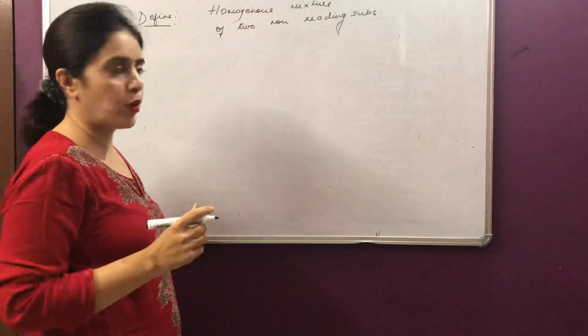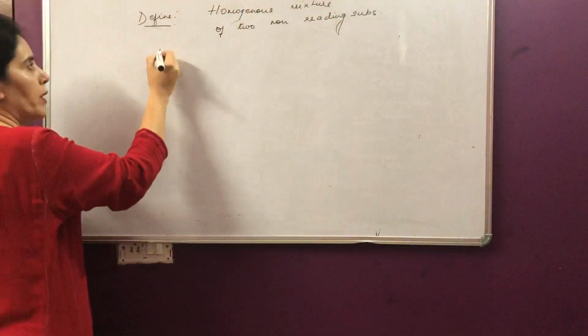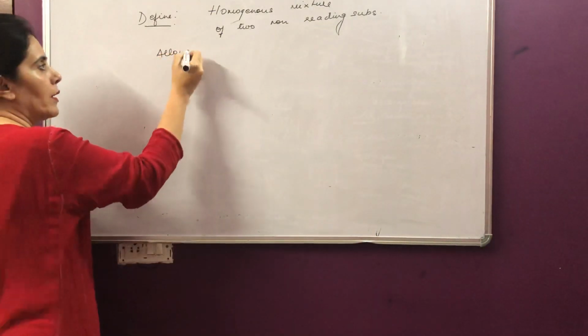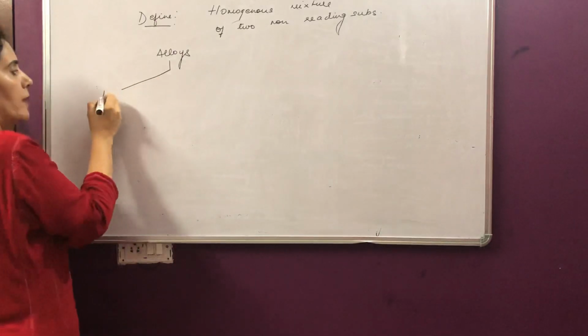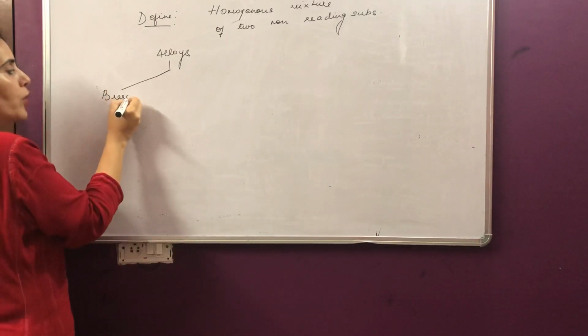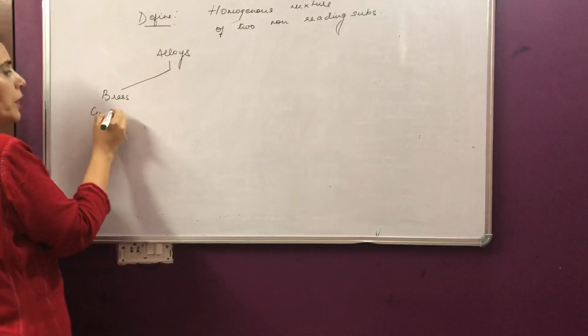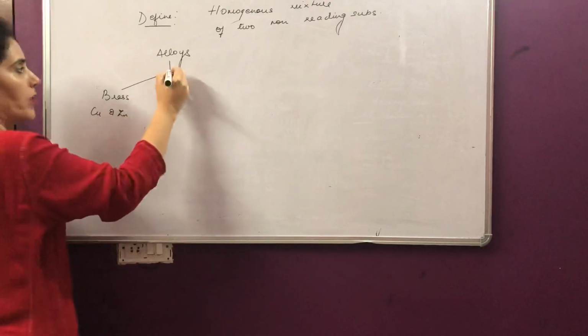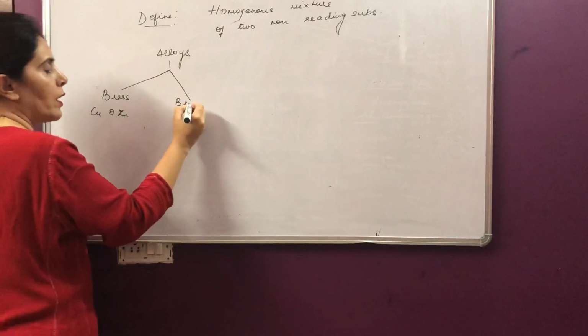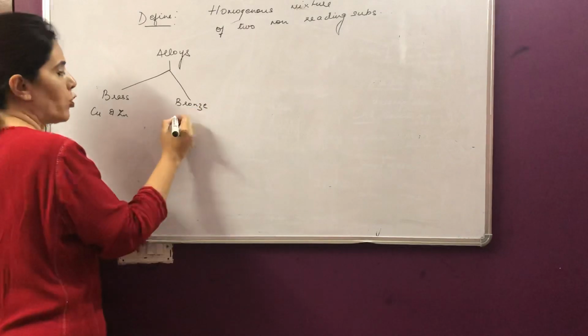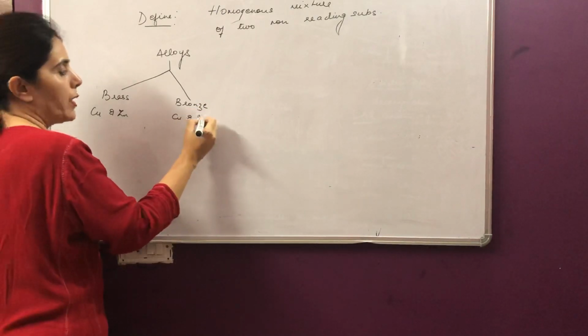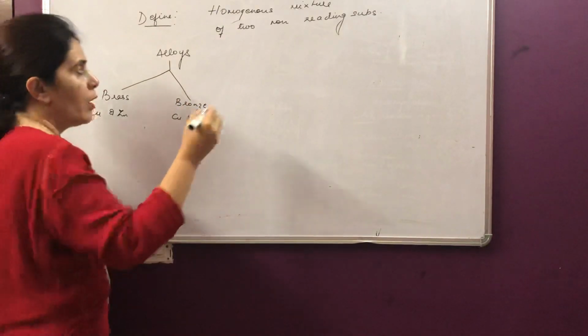We have read a lot about solutions. For example, you must have read about alloys. Alloys, that brass is a homogeneous mixture of copper and zinc. You must have read that bronze is a homogeneous mixture of copper and tin, and many more.